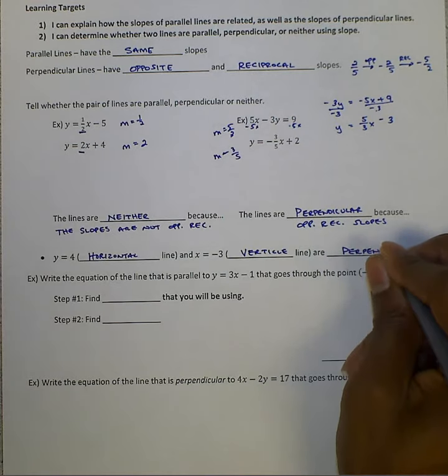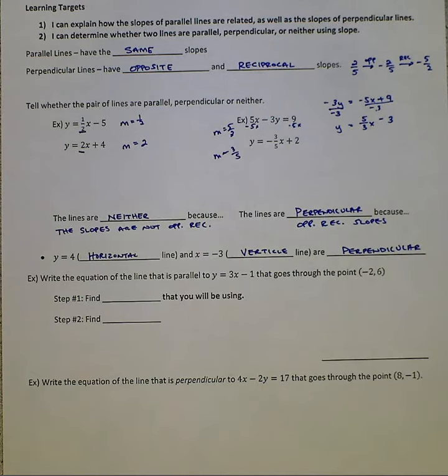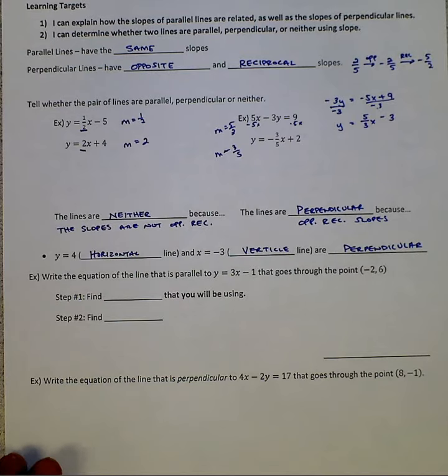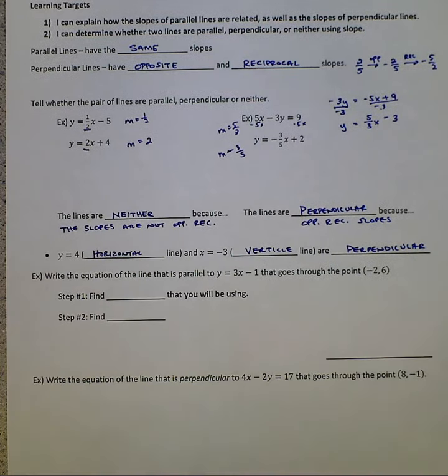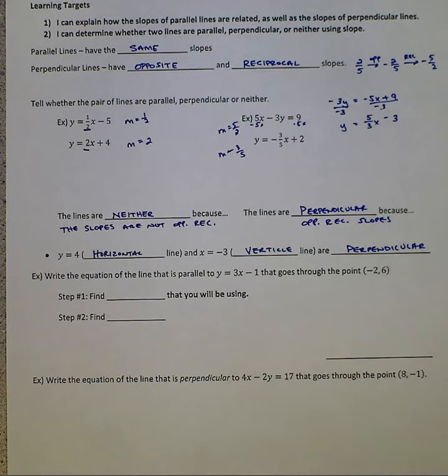Okay, horizontal lines and vertical lines are always going to be perpendicular with each other. So you don't necessarily have to focus on the slope as much there, even though if we do flip it and have the 0 on the top and the 0 on the bottom and different things, they have, I guess you could say, opposite reciprocal slopes, but not really. So it's kind of a special case. Horizontal and vertical lines are always perpendicular.